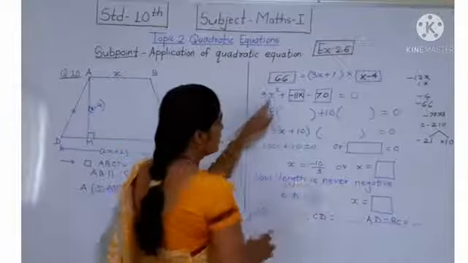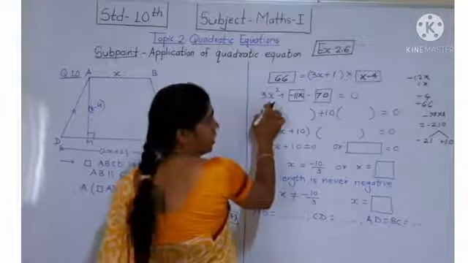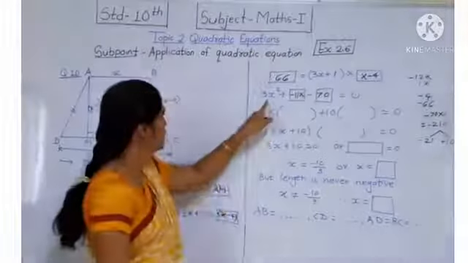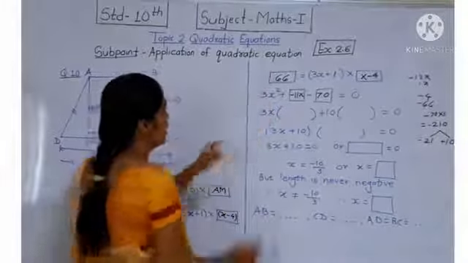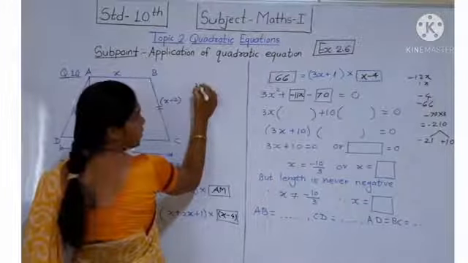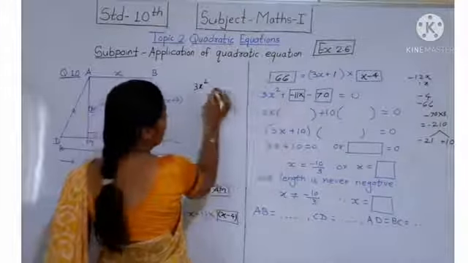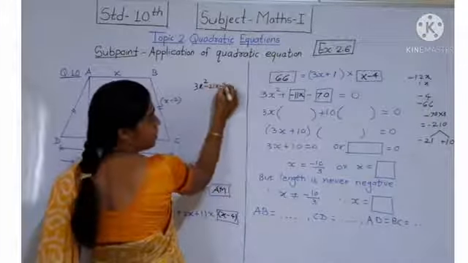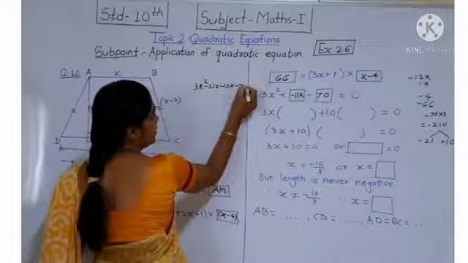So what is the next step here? Write the next step here: 3x square minus 21x plus 10x minus 70.